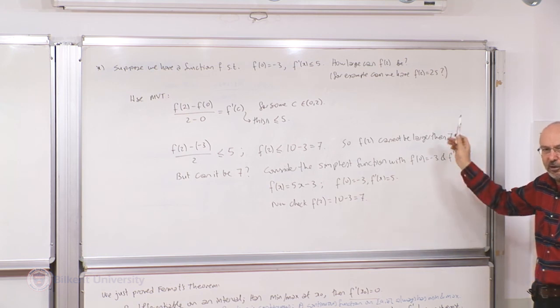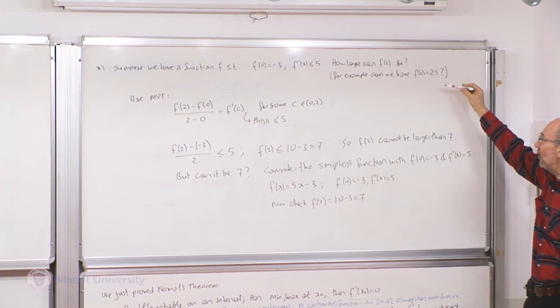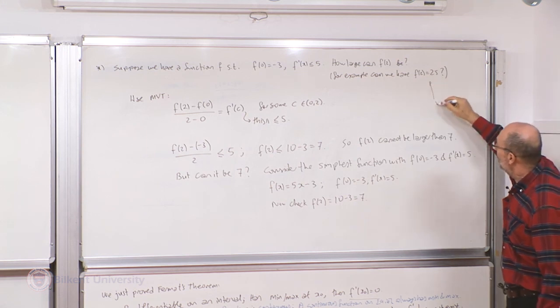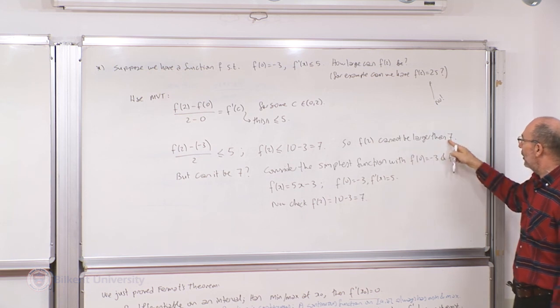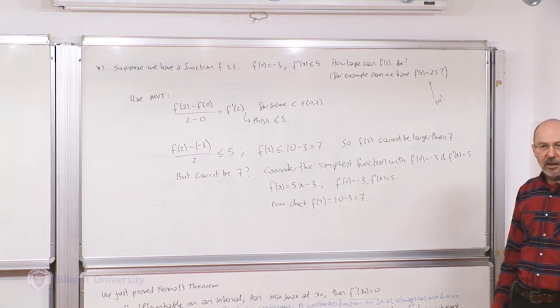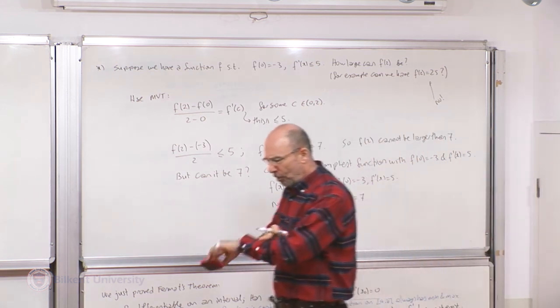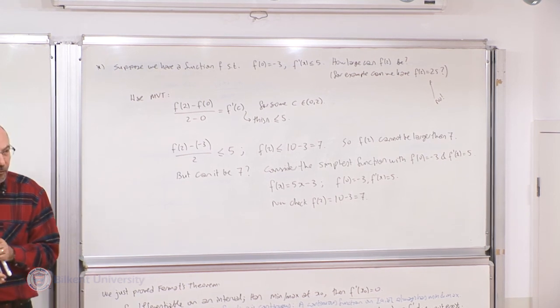So now we totally know everything about such a collection of functions, and we can answer this question. The answer is no, because here we know that it cannot be larger than 7, and we know that 7 is taken. Okay, so I think we can stop here. On Friday, we'll continue more of mean value theorem.